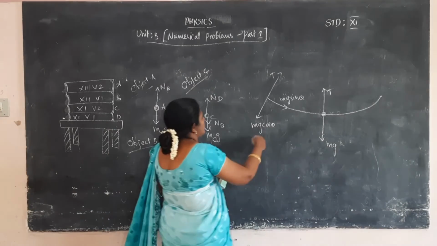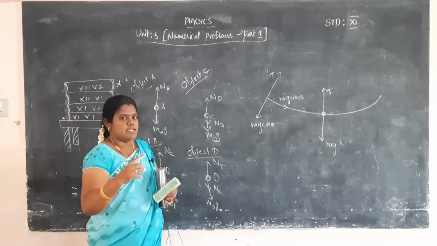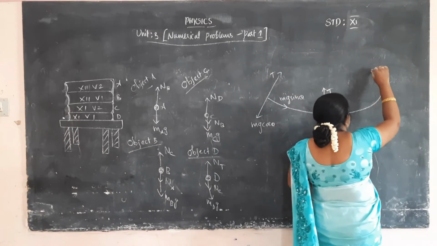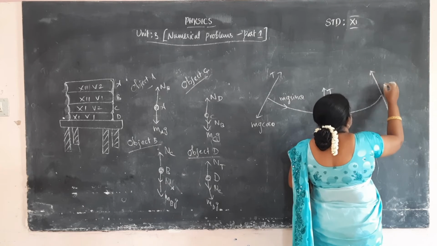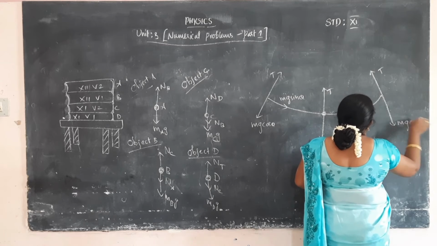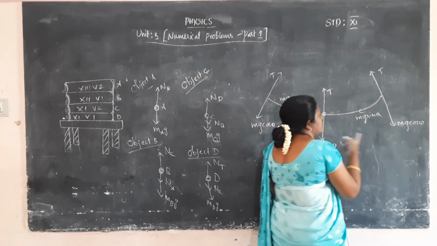So mg cos theta is parallel to the tension, and mg sin theta is perpendicular. Clear? That is parallel, that is perpendicular.